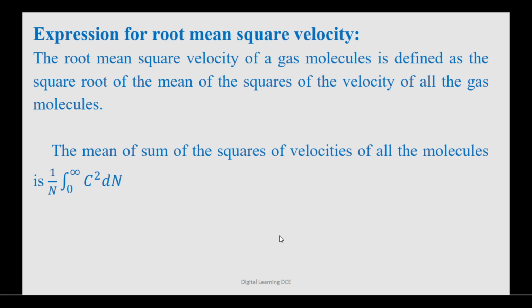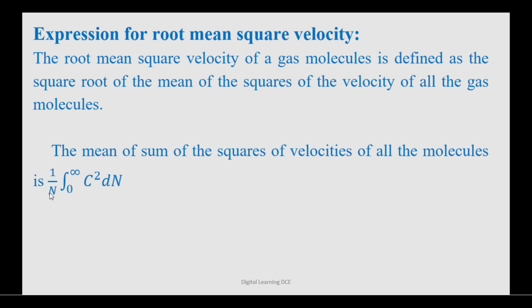We have the equation 1/n times the integral from 0 to infinity of c squared dn. This equation represents the mean of the sum of squares of velocities of all the gas molecules.